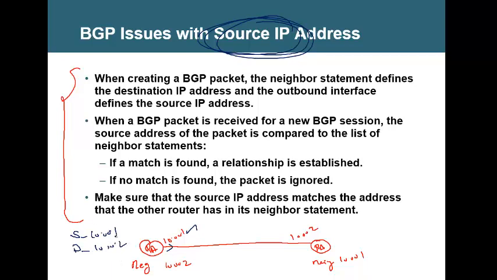Now, when this packet goes to router B, focus, router B will check whether this neighbor address is matching with the incoming source. Only if the incoming source address matches with any of the neighbor statements, only then B will show interest in talking to the neighbor.